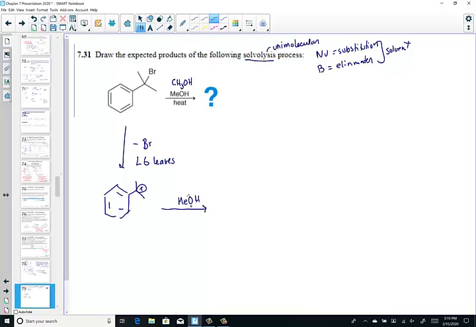The oxygen is the electron-rich area, and it's going to reach out, and if it acts as a nucleophile, we'll have a substitution reaction. So if it's a nucleophile, SN1, the nucleophile means that it's seeking the electrophilic carbon.